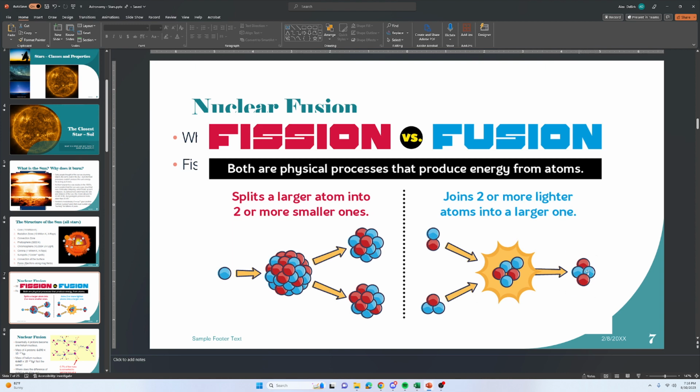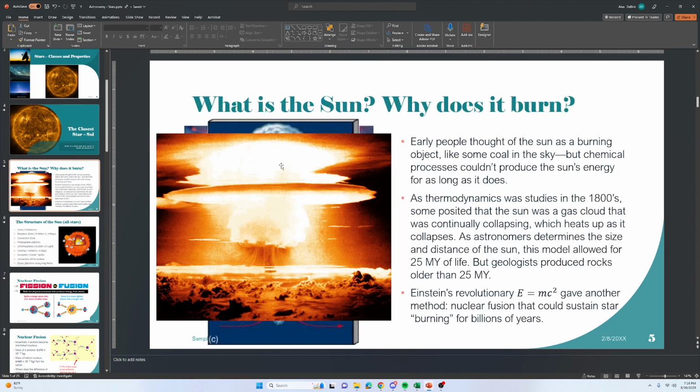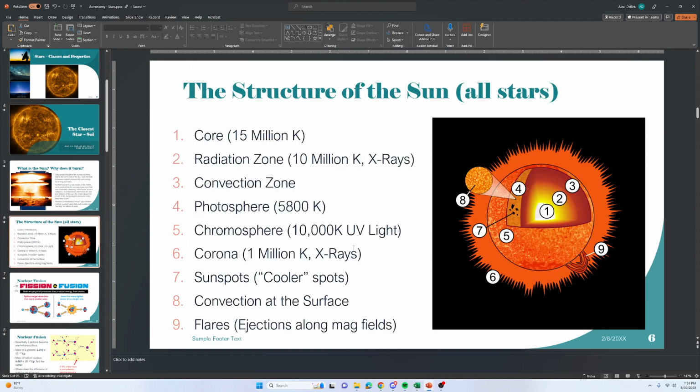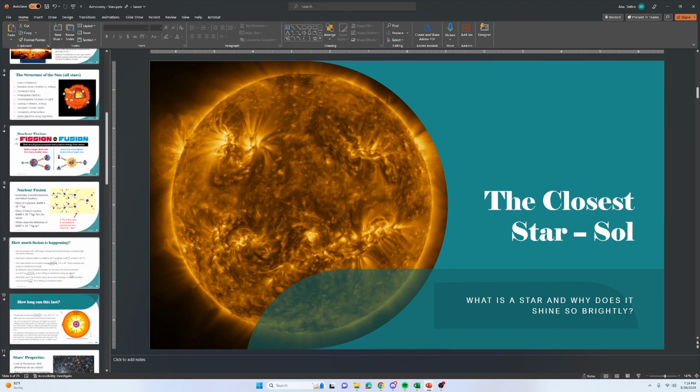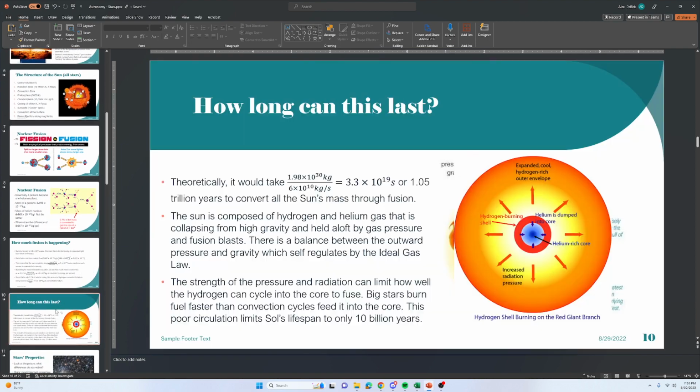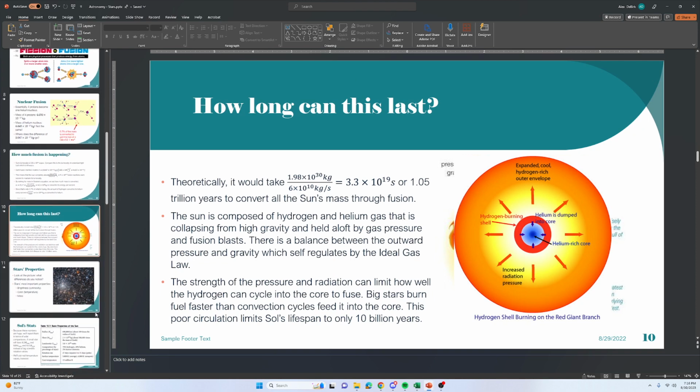Not all of the mass converts into the new mass. Some of it is converted directly into energy. So this little ball here actually weighs less than the stuff that joined together, and the stuff that is missing is converted into energy, and that's what makes the big booms and the big suns. So this right here is a gravitationally controlled runaway hydrogen bomb. I won't go much into it beyond that.